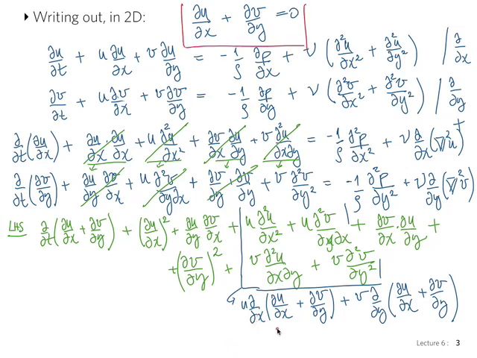Okay, so it happens that here we have the divergence of velocity, so this is 0, this is 0, the same here, this is 0. So we're only left with 1, 2, 3.